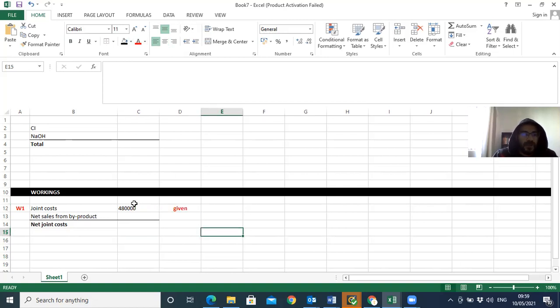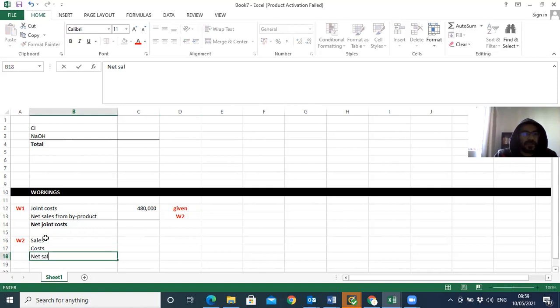That was given. So I'm going to work out our net selling price, working 2, from byproduct. So here we're going to have working 2. So how are we going to allocate this? So it's going to be sales less costs, and that's going to give us net sales.